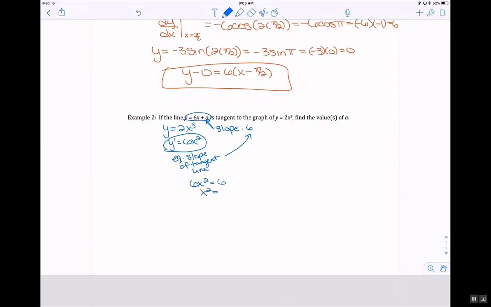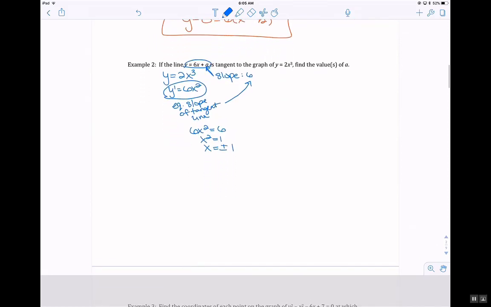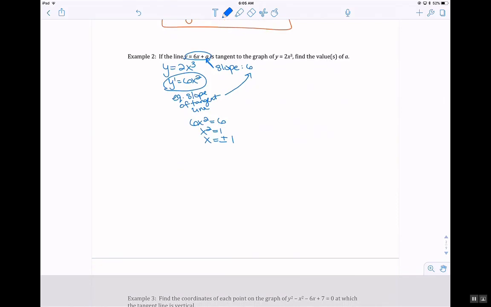So x squared is equal to 1, so x is equal to plus or minus 1. From there, I need to figure out what my corresponding y values are. So y of 1 and y of negative 1. So that's 2 times 1 cubed and 2 times negative 1 cubed. So I get 2 and negative 2.